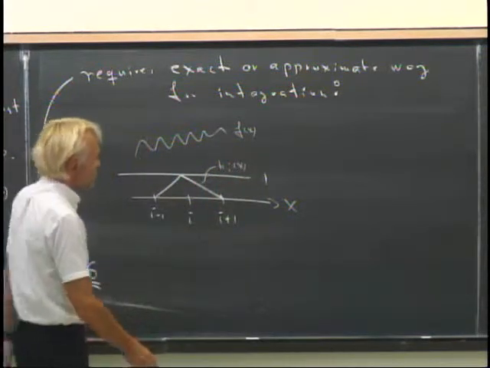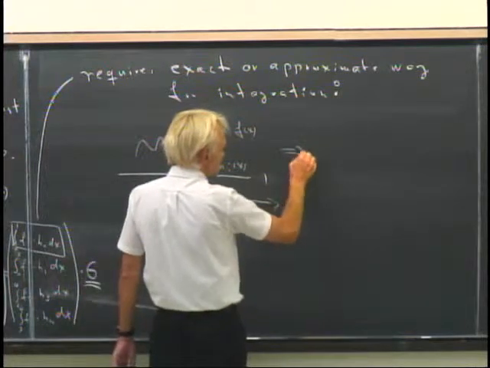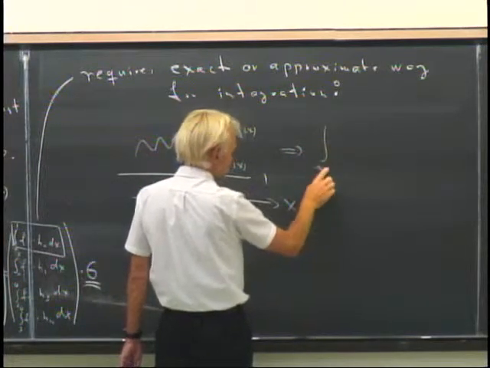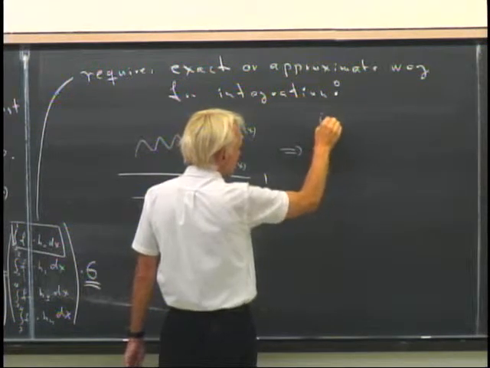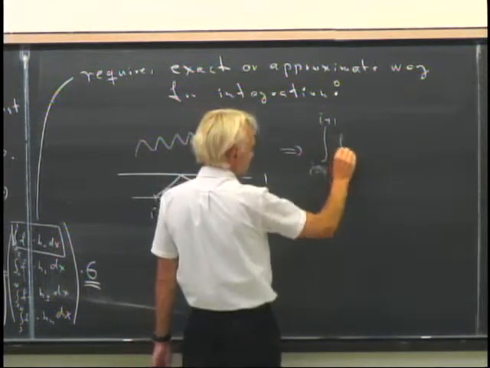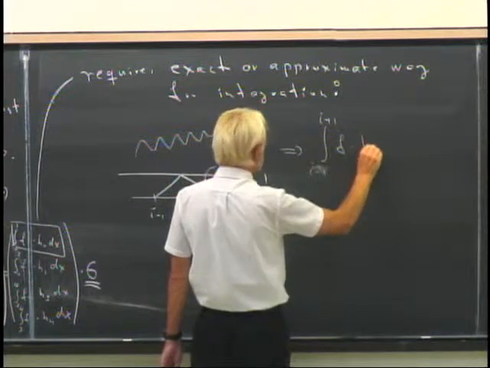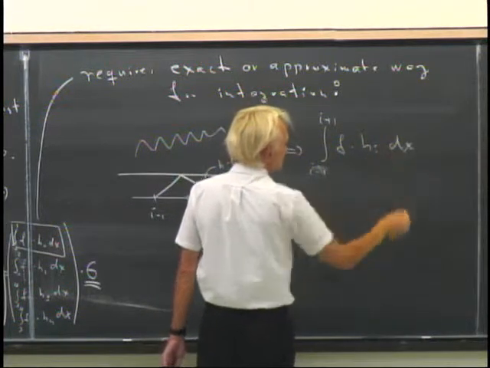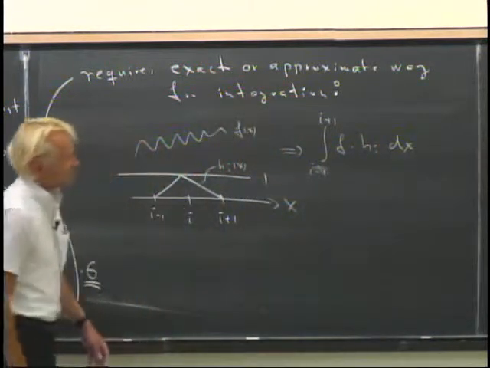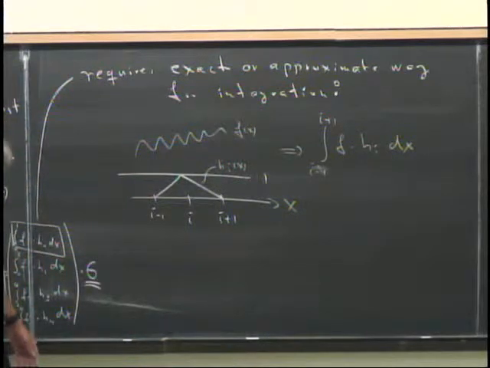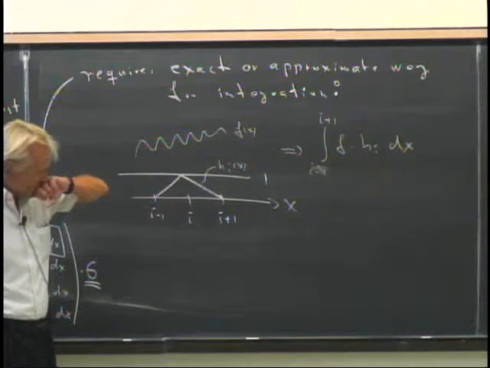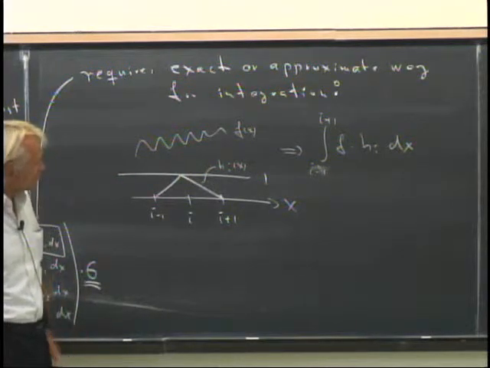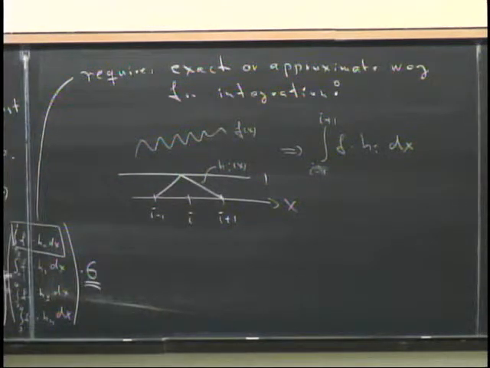And I need to compute this integral from i minus 1 to i plus 1, the function times the hat function, dx. And that's expensive, because this function can be expensive, right? So there is no way around it.